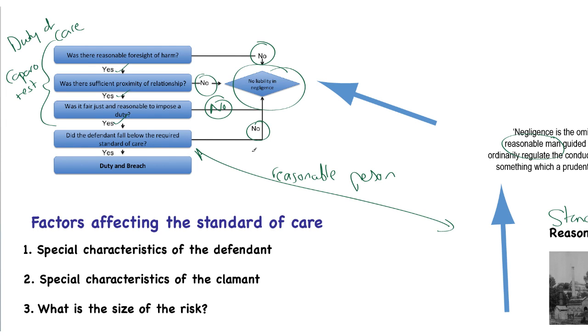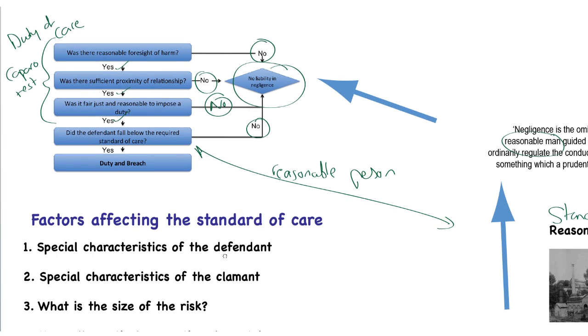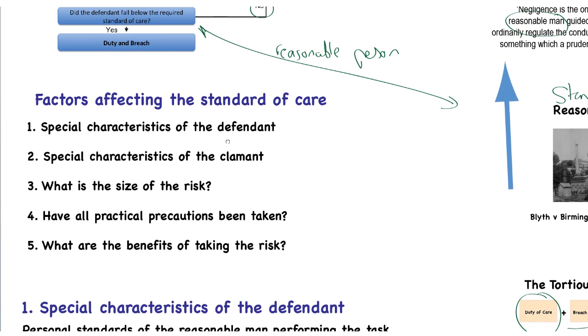In deciding whether or not the reasonable person would have done the same thing that the defendant did, there are a number of factors that can raise or lower the standard. There are 5 actually. And this is quite logical because it's based on the risks that a reasonable person may take in certain circumstances.